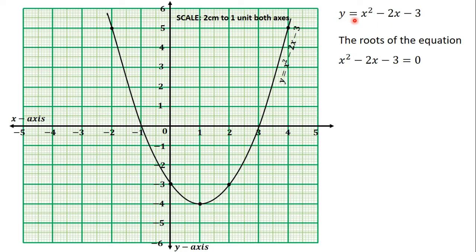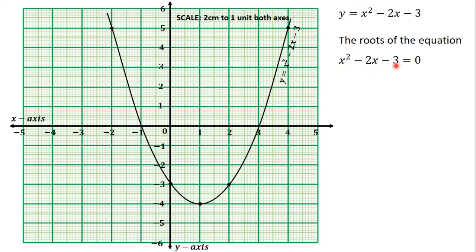The function is y is equal to x squared minus 2x minus 3. If you equate this to 0, you are going to have x squared minus 2x minus 3 is equal to 0. In the previous video, we learned that the roots of this equation from the graph is the x-intercepts.